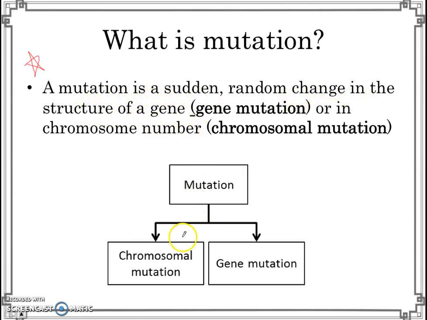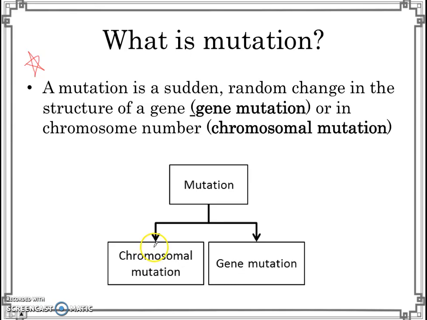And the second type of mutation is a chromosomal mutation, or a change in chromosome number. So a chromosomal mutation will be a change in the number of chromosomes in your cells. So for humans, normally we have 46 chromosomes per body cell. And in a person with a chromosomal mutation, he would either have more chromosomes or fewer chromosomes than 46.